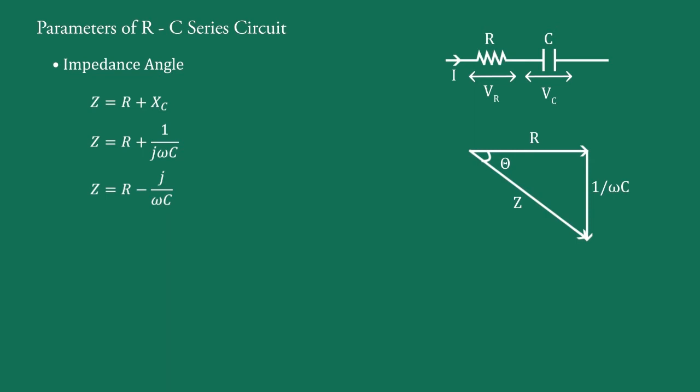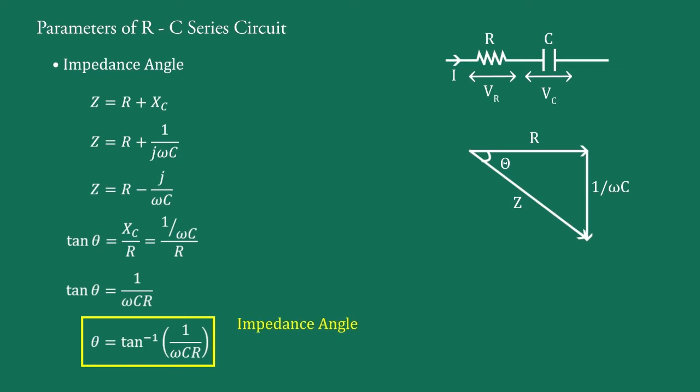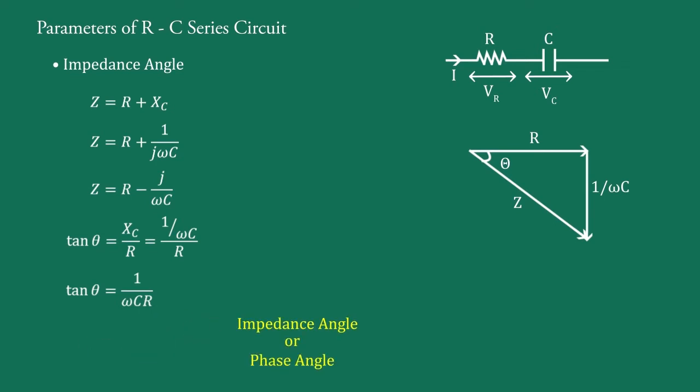Here the opposite side to theta is 1 upon omega C, and the nearby side of the angle theta is R, and therefore tan theta equal to XC upon R, or equal to 1 upon omega C upon R, and therefore tan theta equal to 1 upon omega C R, and therefore theta equal to tan inverse of 1 upon omega C R. This is the impedance angle or phase angle of the series RC circuit.